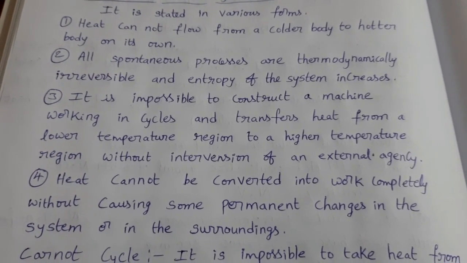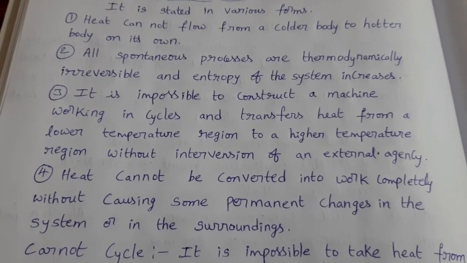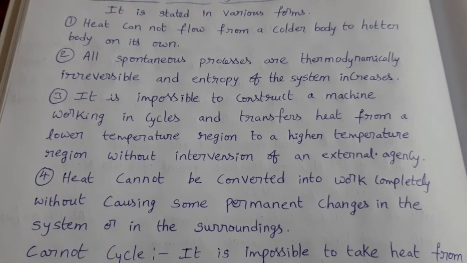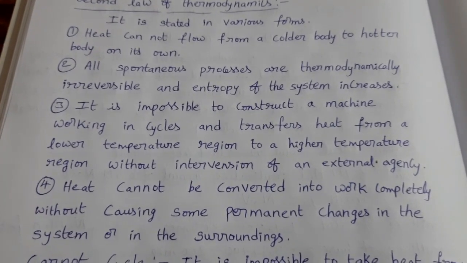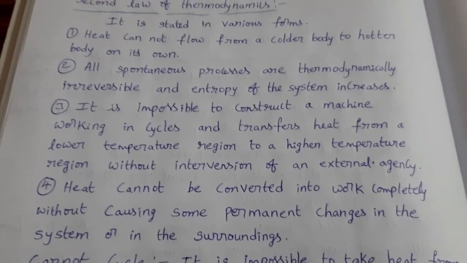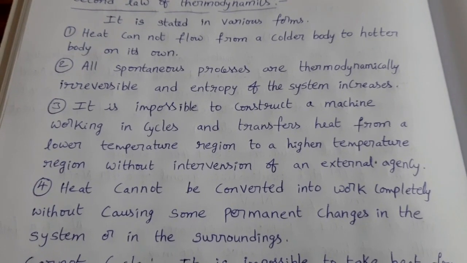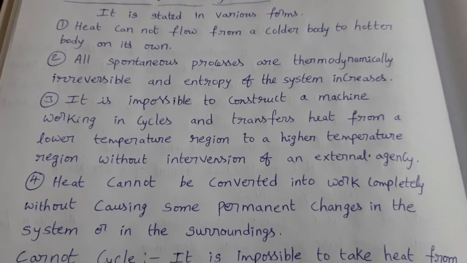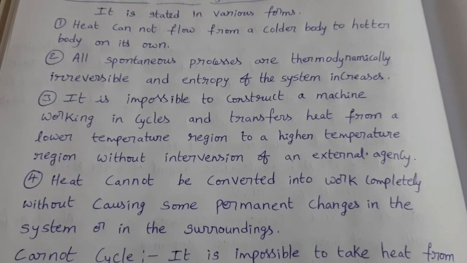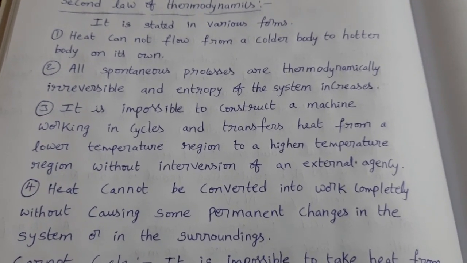Otherwise, we cannot convert heat into work completely. That means definitely in the conversion of heat into work, some amount of that heat causes permanent changes in the system or surroundings. This is also another statement of the second law of thermodynamics.